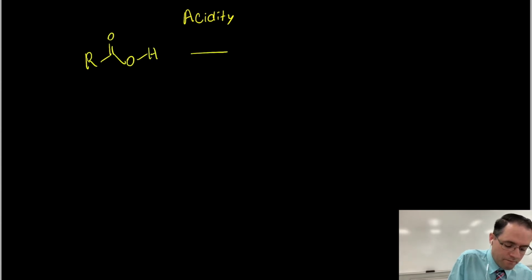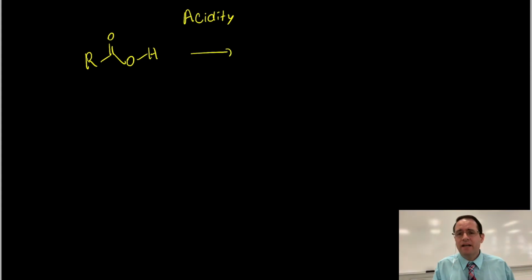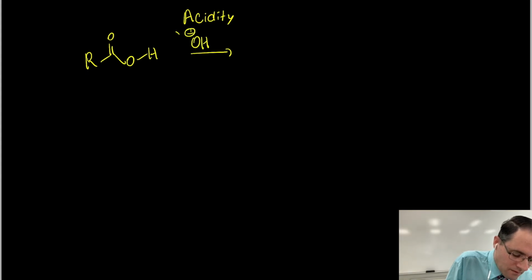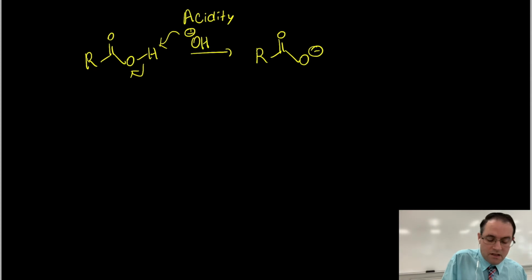Okay, let's talk a little bit about the acidity. Now, when you have a carboxylic acid, this can readily react with sodium hydroxide to give you the corresponding conjugate base.